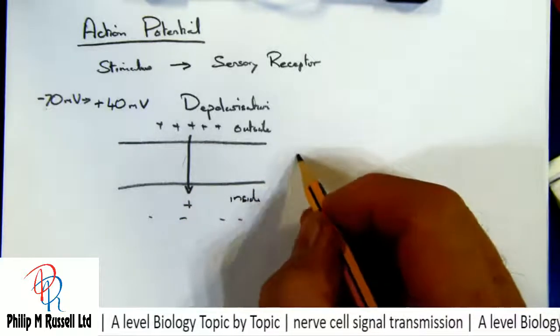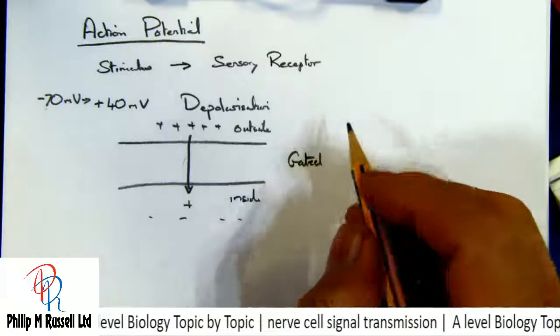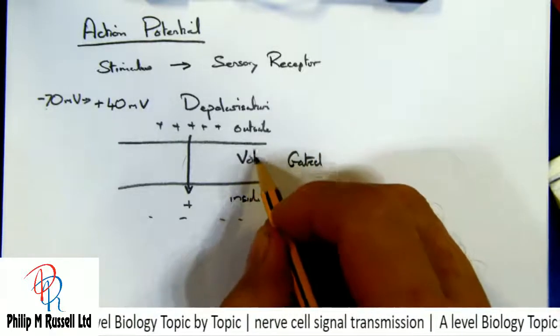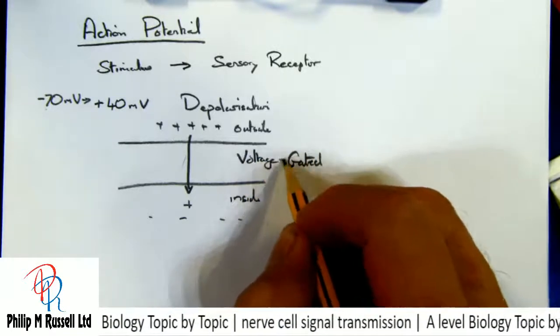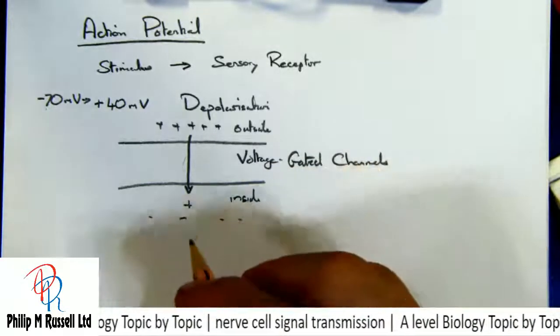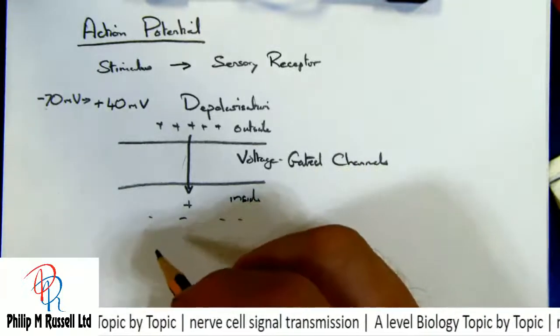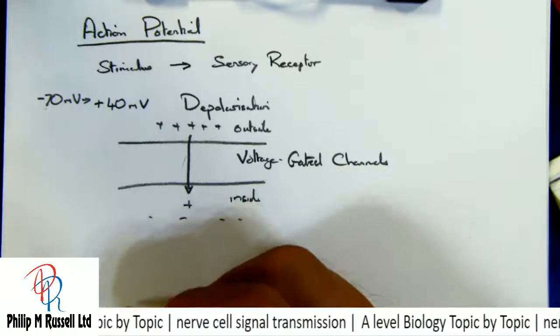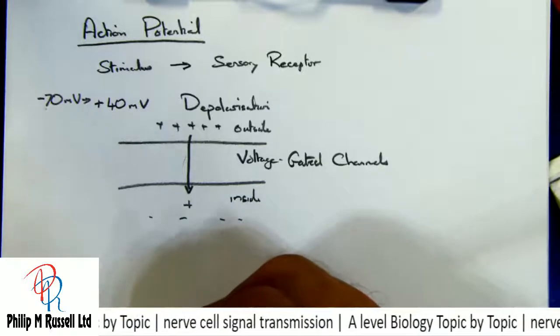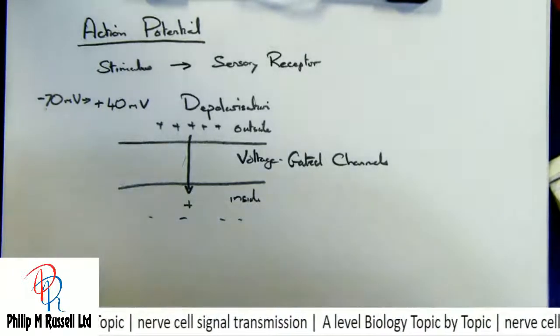These gated channels have a special name: they're called voltage gated channels, or voltage gated ion channels. So how does this all work?